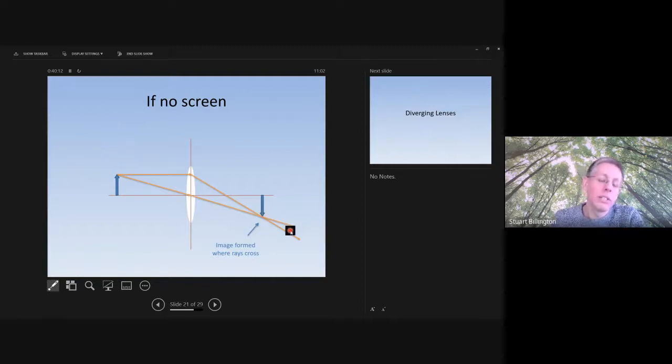We will still see an inverted object that's bigger or smaller or the same size. So the imaging system will work for these first three diagrams as well. It doesn't just have to be the fourth one. We'll still trace these rays of light backwards to this point.